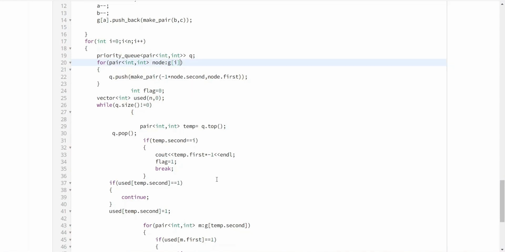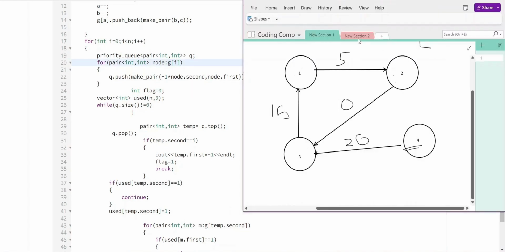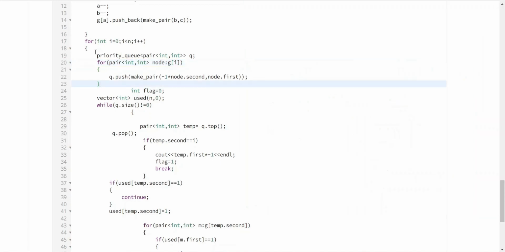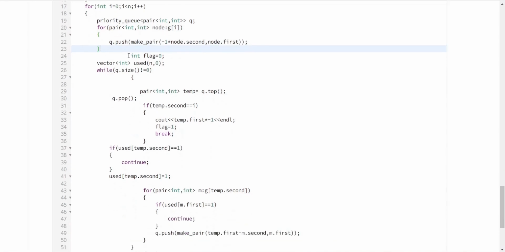For example, as I had mentioned earlier, if we are talking about node one, we need to store how many edges one has, and then we need to push it to the priority queue. We have already accepted all the edges, and we'll just be accessing the first element and all the edges associated with it and pushing them onto the priority queue. So this is what this pair of lines means. Cool. We'll talk about where we use int and this vector later.